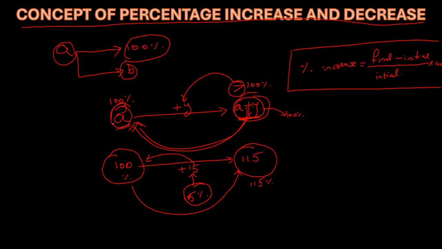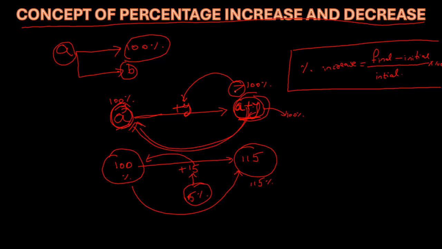Now I have a number A and I have increased its value with Y to become A plus Y. A, when compared with itself, is 100%. And later I have added a small amount, that is Y, and it became A plus Y. This A plus Y is definitely going to be greater than 100% when it is compared with A.